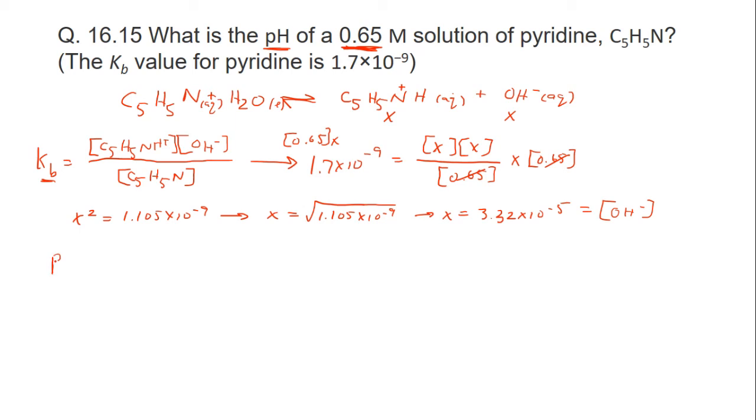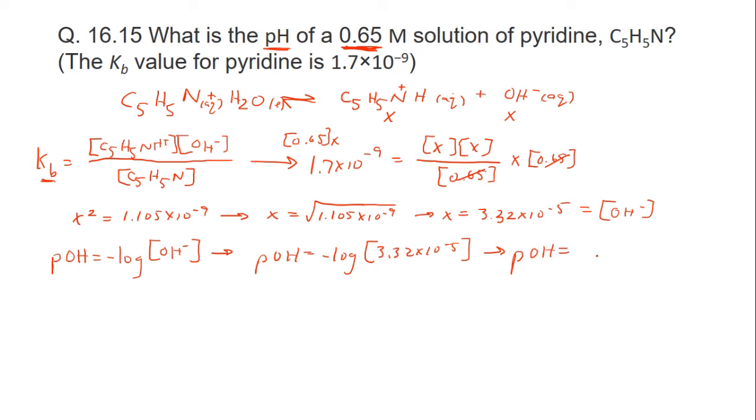We know that pOH equals the negative log of hydroxide concentration, and we just found that hydroxide concentration. So pOH equals the negative log of 3.32 times 10 to the minus 5. Take the negative log of that, and we can find the pOH to equal 4.48.